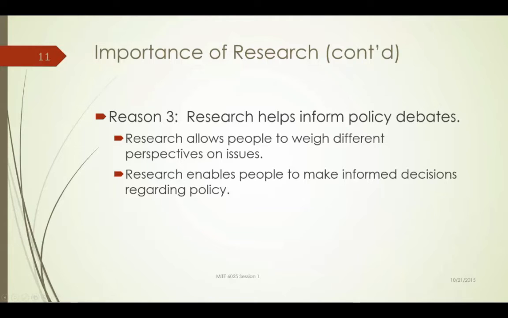In Hong Kong, we might get information from Singapore, from Taiwan, from the US, from Europe. When all these different kinds of practice or research findings are provided, policymakers can evaluate them and finally choose maybe the best one for Hong Kong. Research can also enable people to make informed decisions regarding policy.